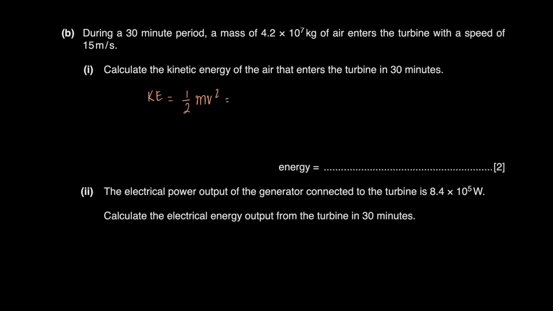The mass is 4.2 times 10 to the power 7, and the velocity is 15, but I have to square it now. I'm getting 4.725, which is as good as 4.7 times 10 to the power 9 joules.